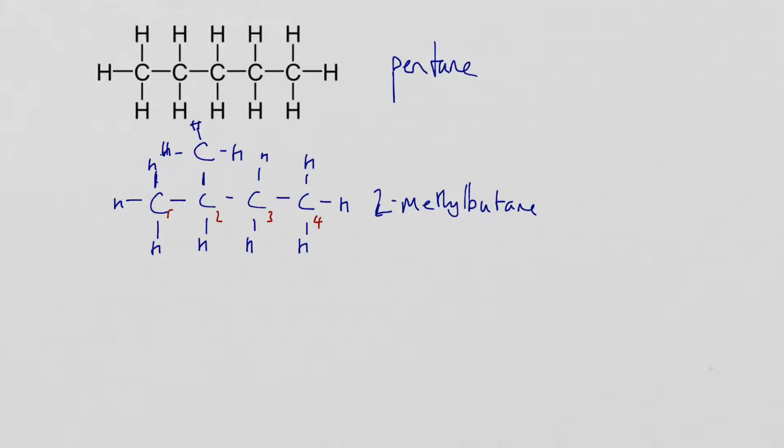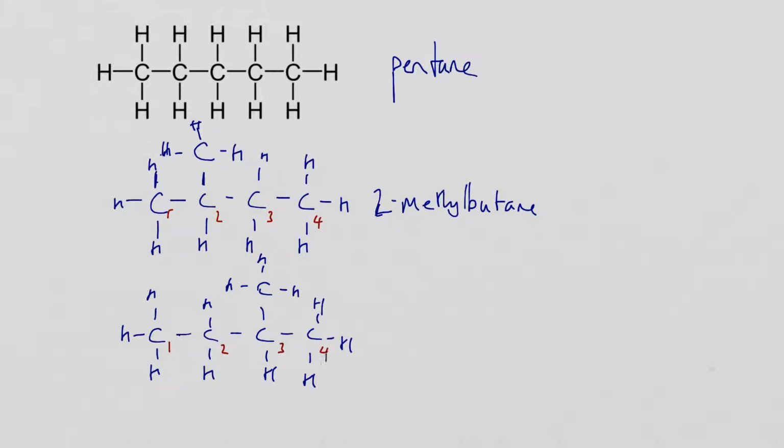Let's have a look at another example. Another isomer of pentane. So again, we can have 1, 2, 3, 4 carbons in a row. Instead of putting the extra carbon on carbon number 2, let's put it on carbon number 3 and see what happens. So what we want is a different arrangement, remember. So here we go, we've got the 4 carbons in a row and we've got the methyl group added to carbon number, let me just number those, 1, 2, 3, 4.